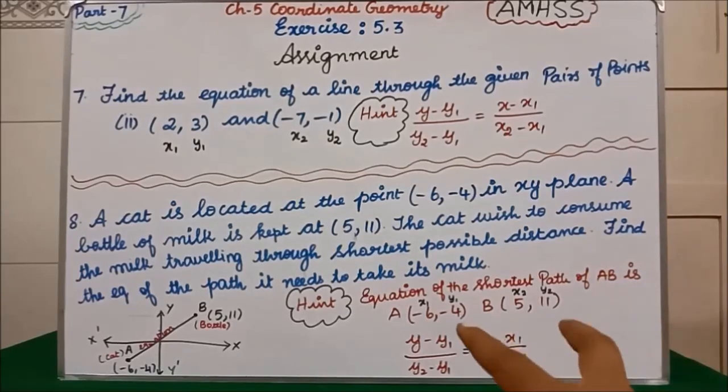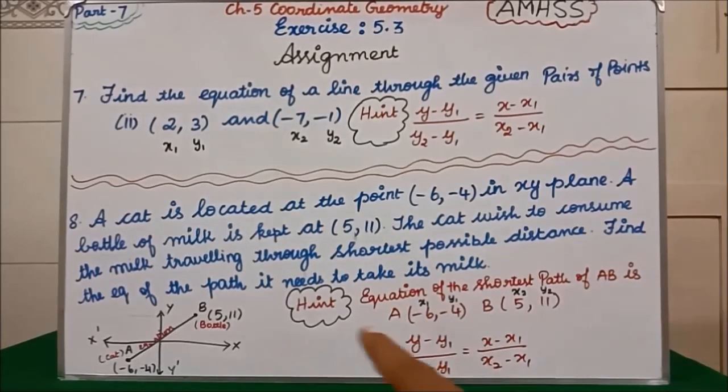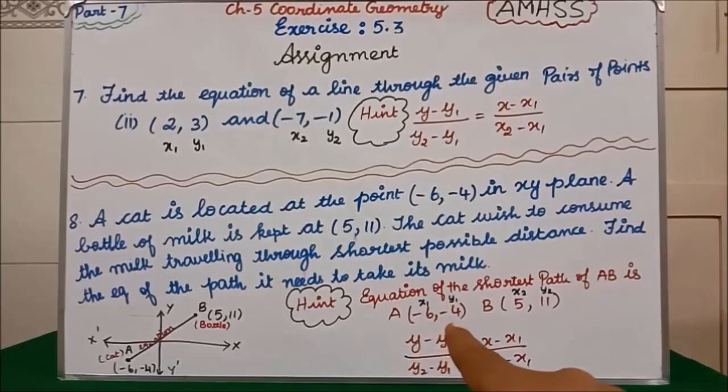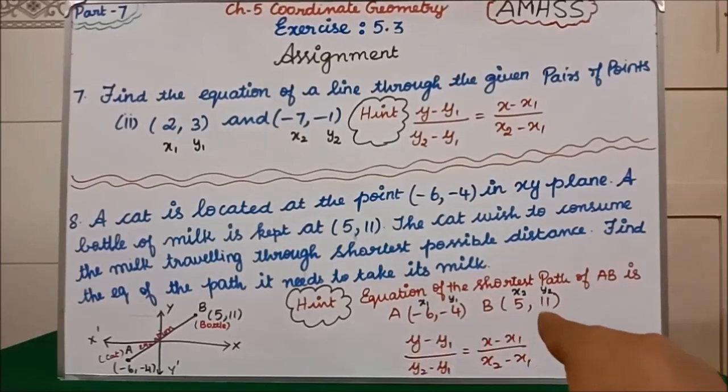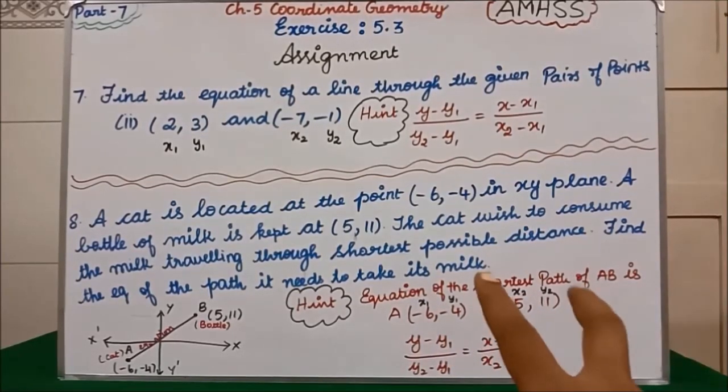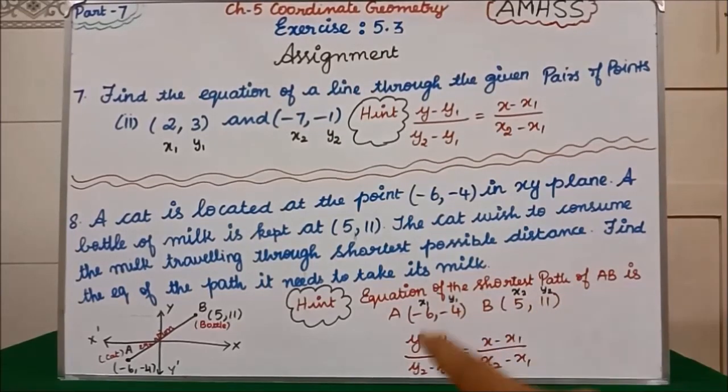For that, what are the 2 points they have given? One A point is minus 6, minus 4. B point is 5, 11. Clear? Now, if 2 point formula and you have to frame the equation means what formula we will apply? Y minus y1 divided by y2 minus y1 equal to x minus x1 divided by x2 minus x1.